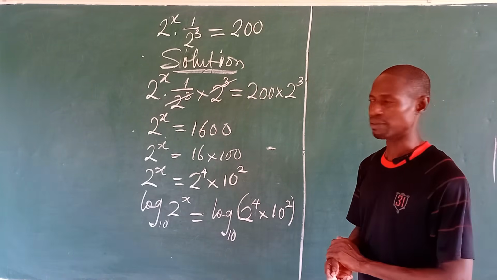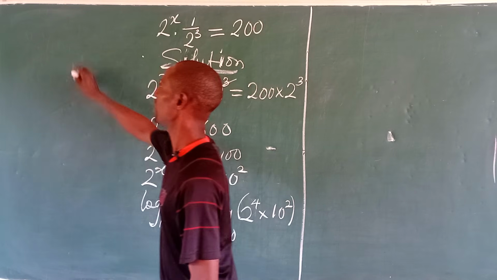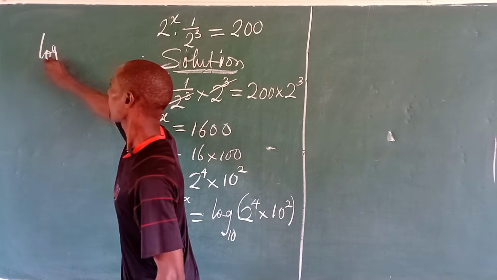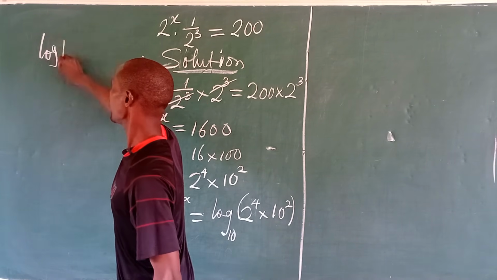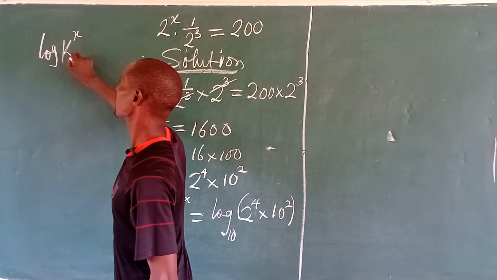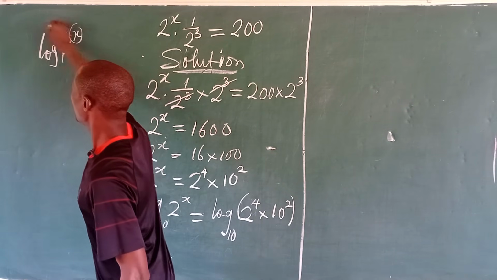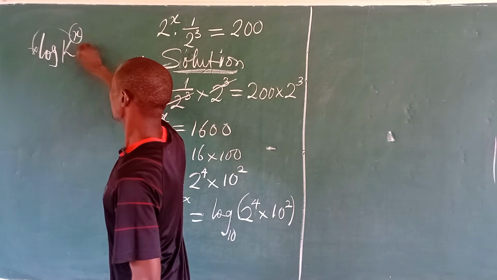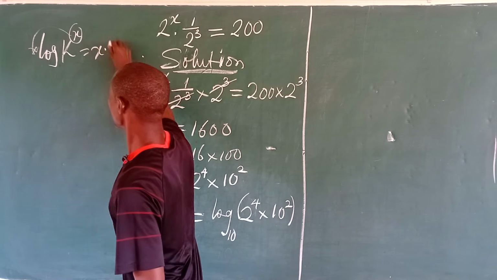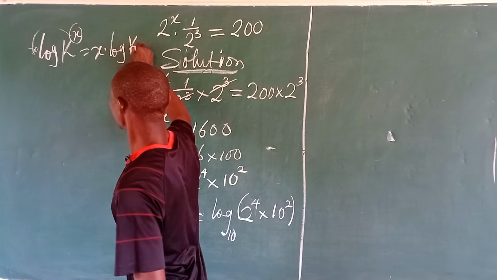So what does the power law of logarithm say? It says that if you have the log of k to the power of x, then move this power back here. So this is going to give us x times the log of k.